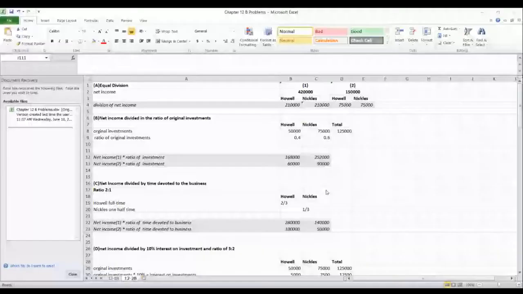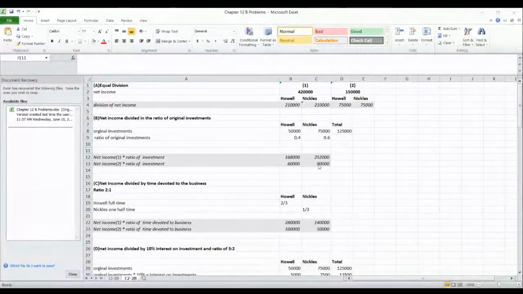And this time we're going to look at the Excel spreadsheet that I've prepared for you. I've prepared this spreadsheet by sections.